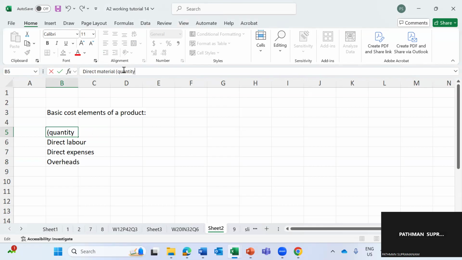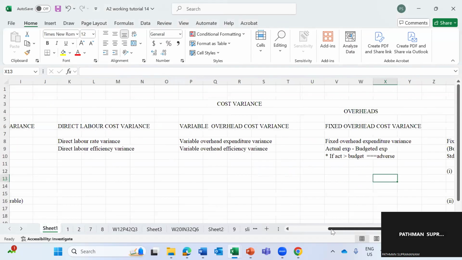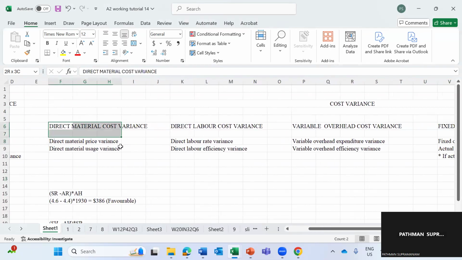So quantity could either mean kilograms or grams or liter or so on. So quantity times price per quantity. Okay. So basically in a mind map, we are here.